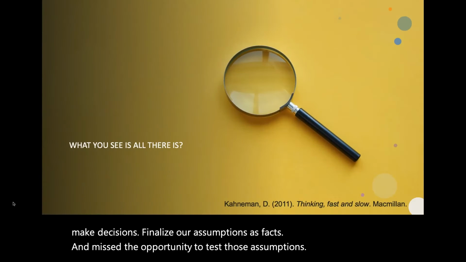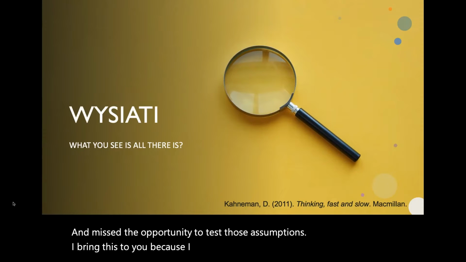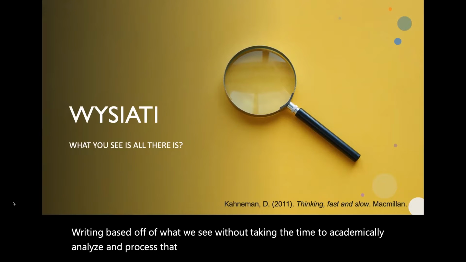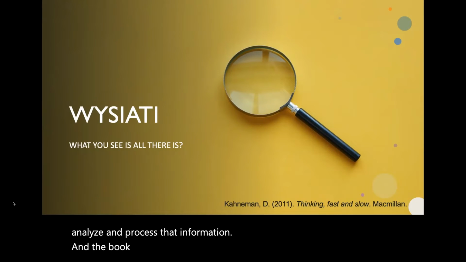I bring this to you because I don't want us to think that academic writing is simply writing based off of what we see without taking the time to academically analyze and process that information. In the book, Thinking Fast and Slow, Daniel Kahneman uses the acronym you see on the screen, WYSIATI.